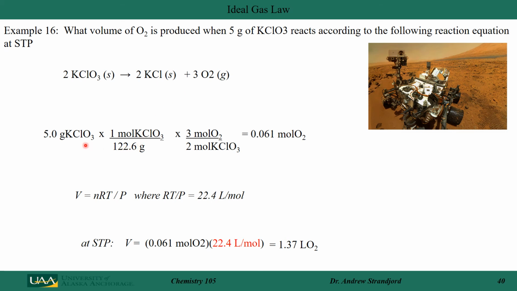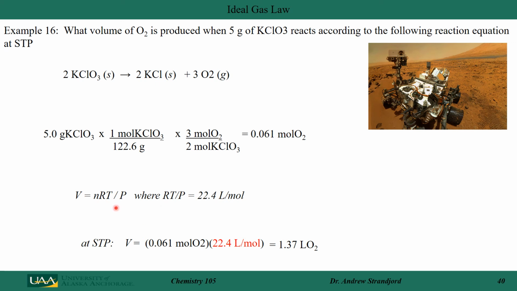I first convert grams of potassium chlorate into moles of potassium chlorate using the molecular weight. I then convert moles of potassium chlorate into moles of oxygen using the reaction equation coefficients, and I get 0.061 moles of oxygen that are produced.